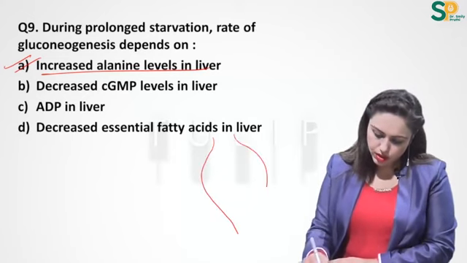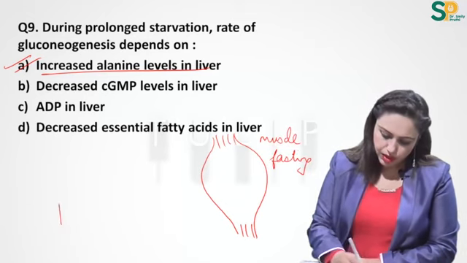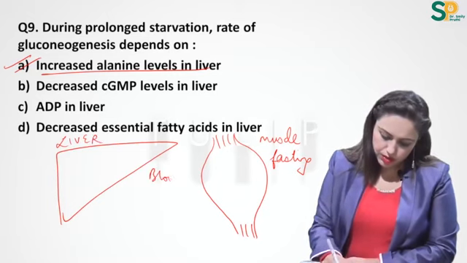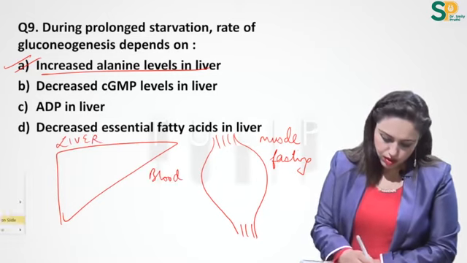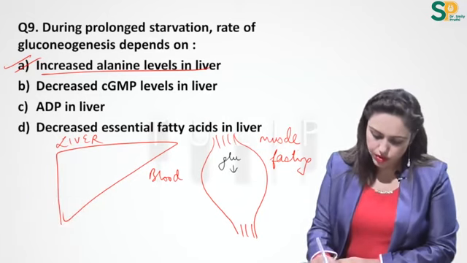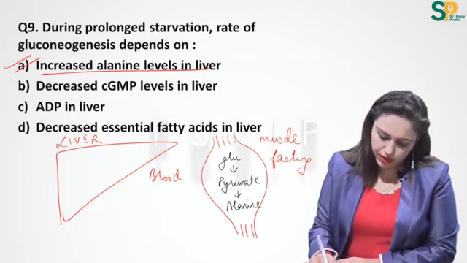Actually, see here, suppose this is fasting muscle. Here I am going to make the liver, and this is blood inside. So what happens in fasting muscle? Glucose gets converted to pyruvate, and then pyruvate gets converted to alanine.